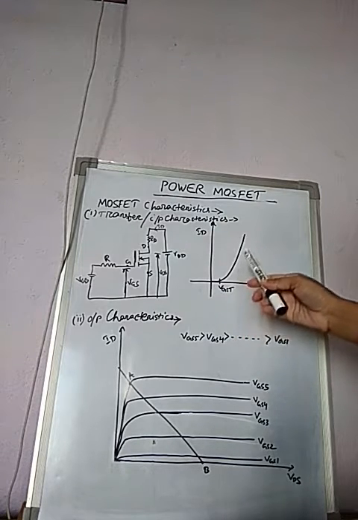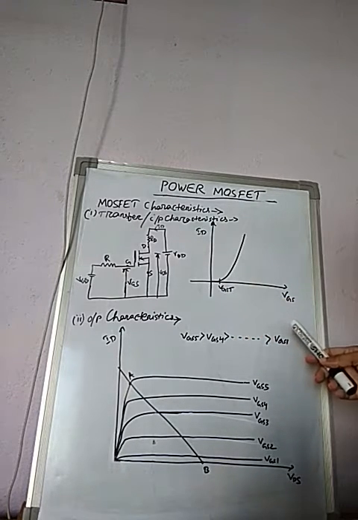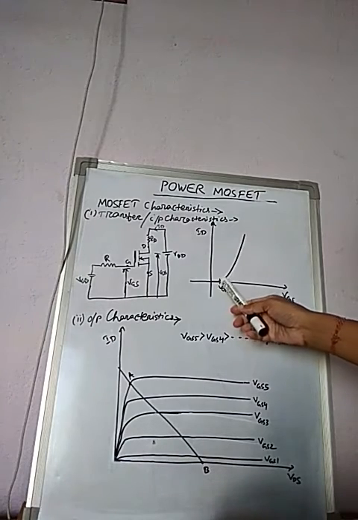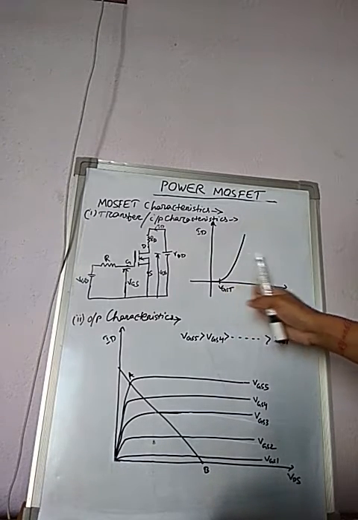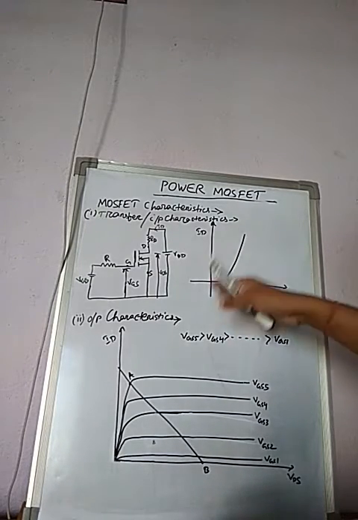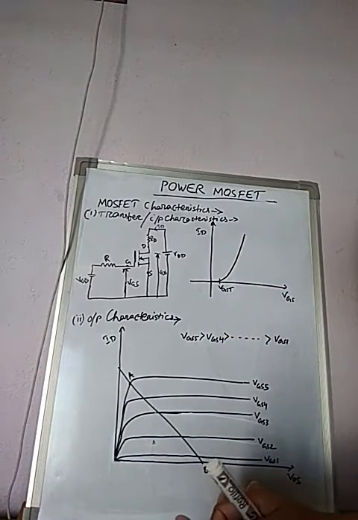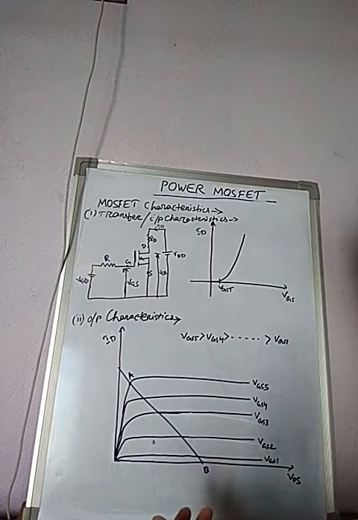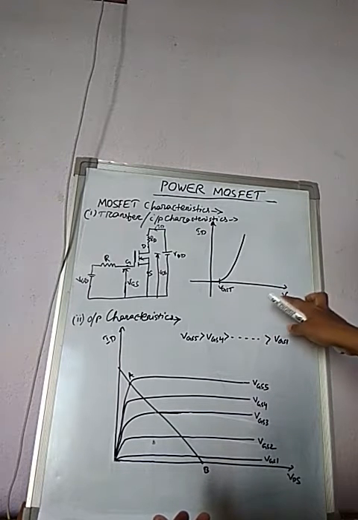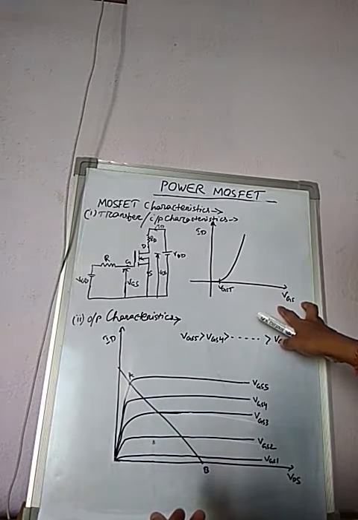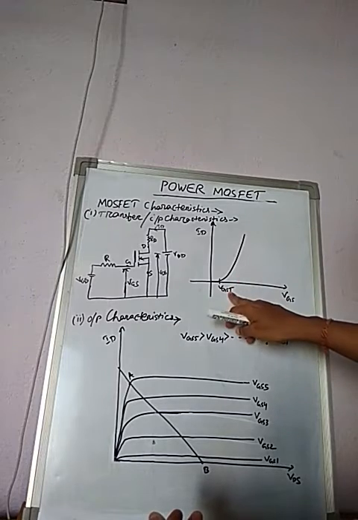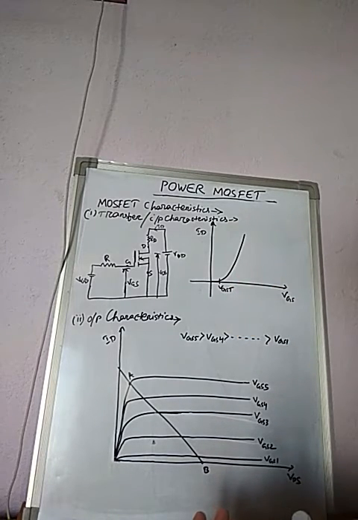Okay, so when the VGS value is below this VGST level, the device is in off condition, and when the magnitude of this VGS is above this threshold level, then the device is in on condition.